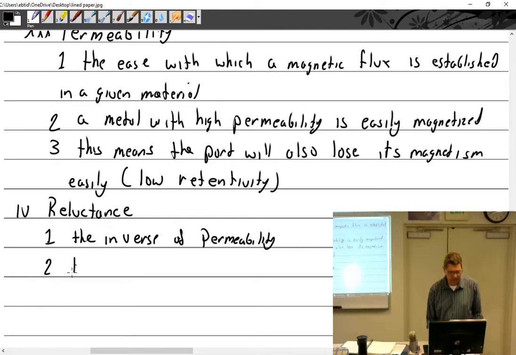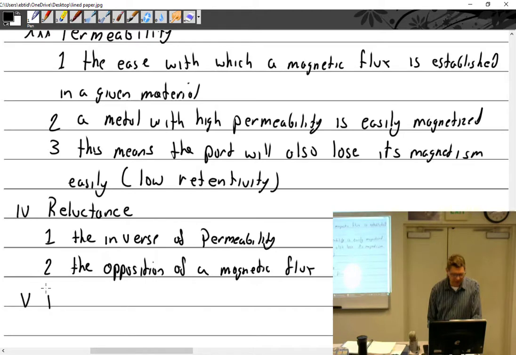So how is it different from retentivity? It's not. Let me write this, and then I'll bring those two together. I'm going to do one more thing, then we'll put it together. Reluctance: the opposition of a magnetic flux.